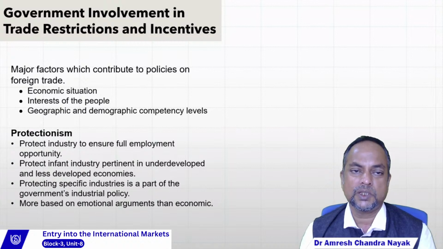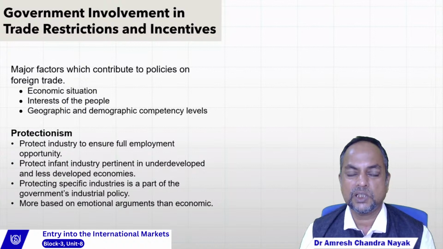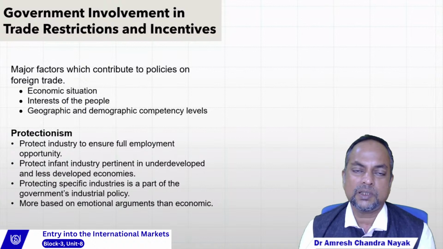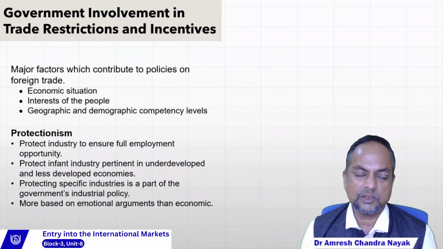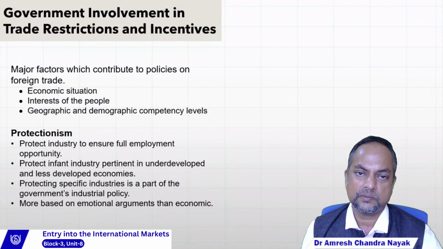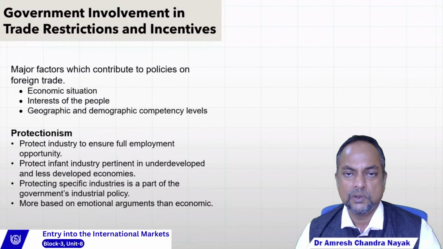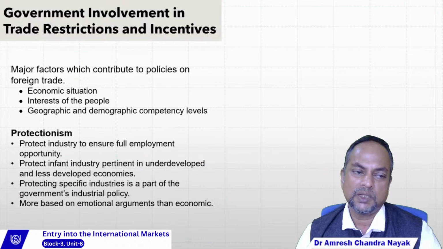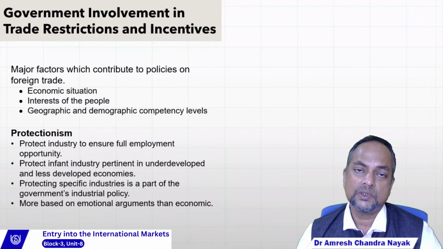Like India is a country which is a massive exporter of spices. Now, can we allow other foreign countries to start their business of spices in India? Cannot be, right? So that is how it has always been an argument, but protectionism is more based on emotions than on economic conditions, right?